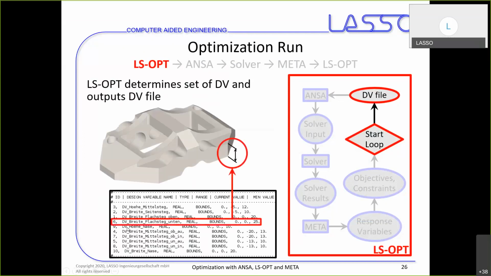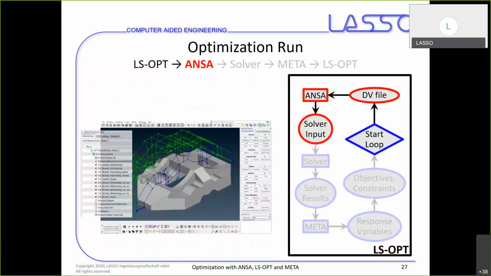For example, here, the width of this area controlled by design variable number 6. And LSOpt will call Unser. Unser will read the current values of the design variables and adjust the design variables in the optimization tasks accordingly. So it will change the current value like we did manually before.